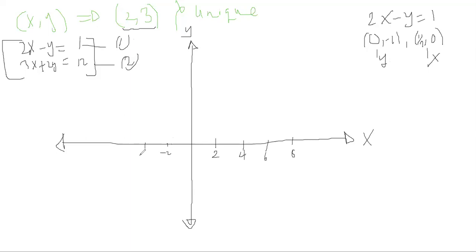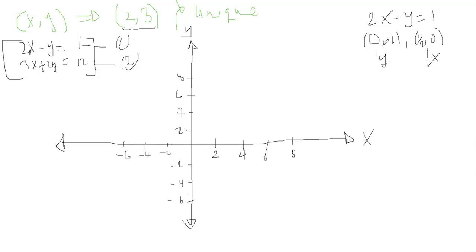Then 4, then we have 6. Or let's take it 2 by 2 dimension, the same. 4, 6, then it goes on up. So here also the same unit. We could have 2, minus 2, minus 4, minus 6, and it goes on.